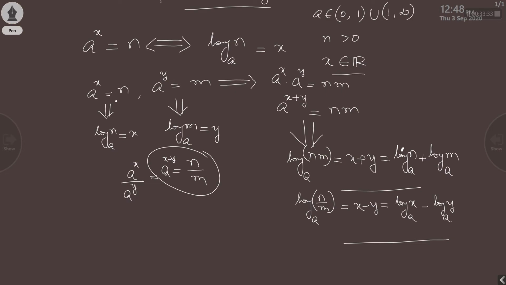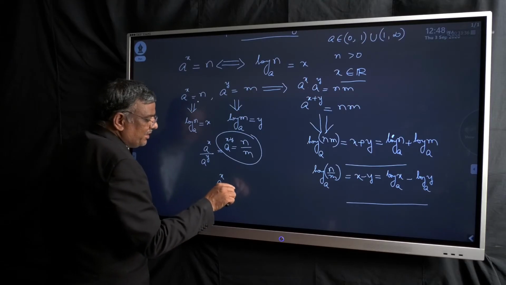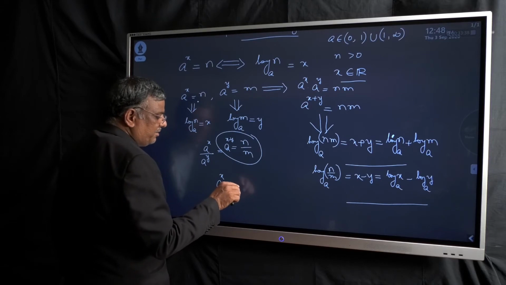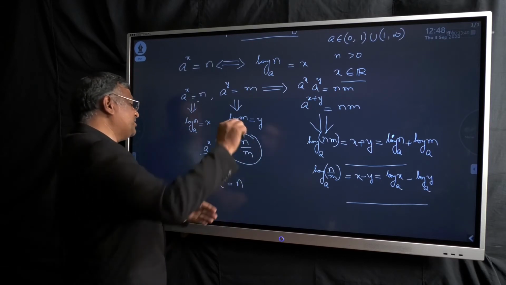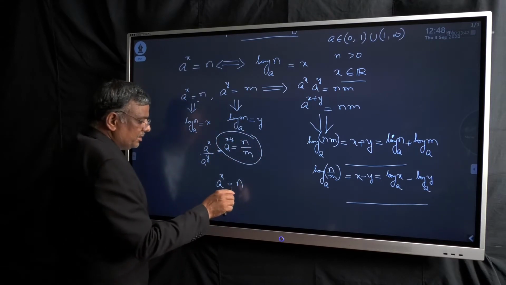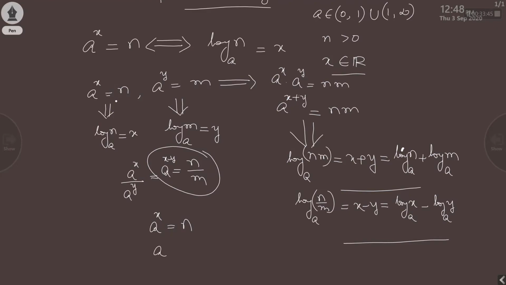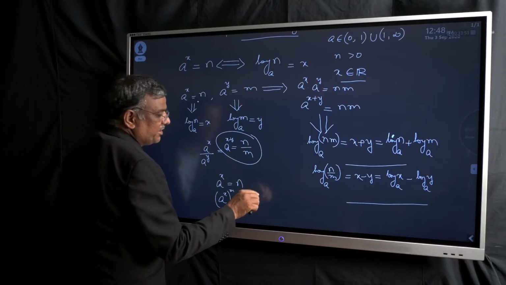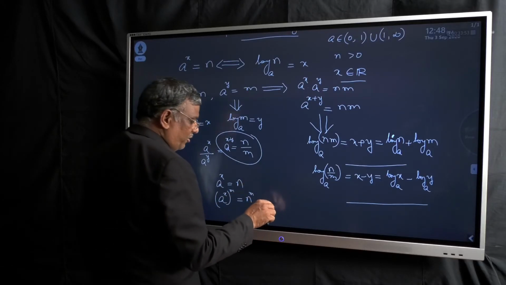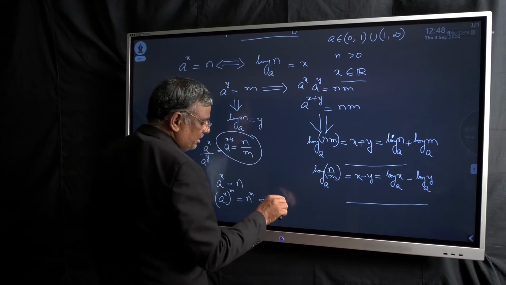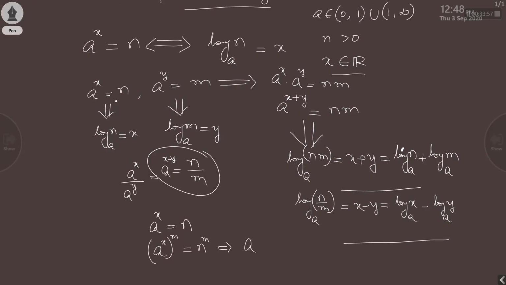And then the next one is that once a power x is equal to n, raise with power m, that is a power x to the power m is n to the power m. Therefore, a power mx is equal to n to the power m.